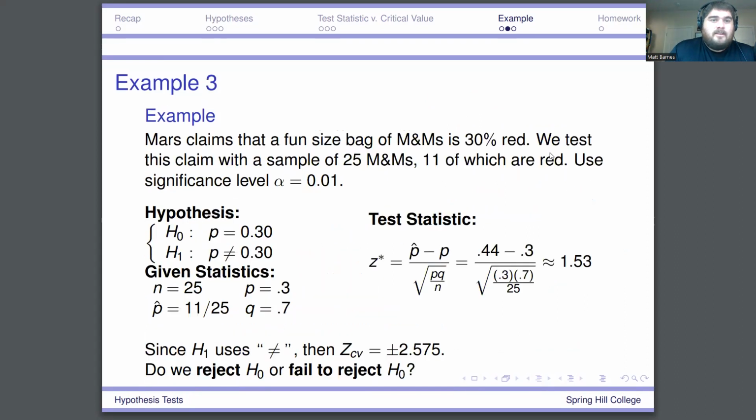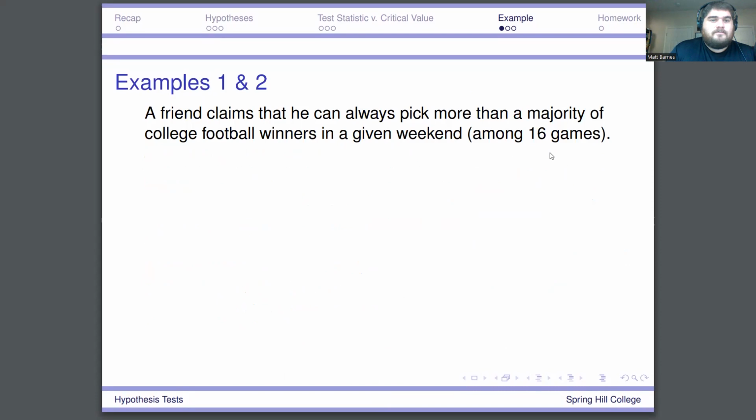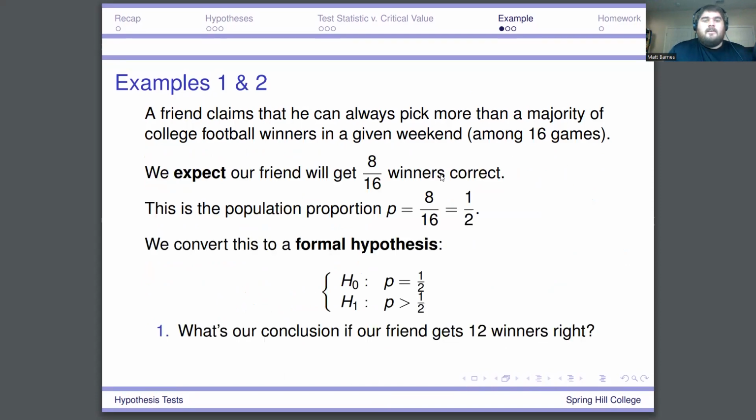So let's go back a little bit. Let's go to our examples 1 and 2. Let's say a friend claims that they can always pick a majority of college football winners in a given weekend. So if we give them 16 games, they can always pick a majority of winners.